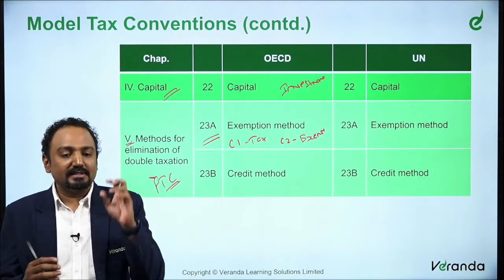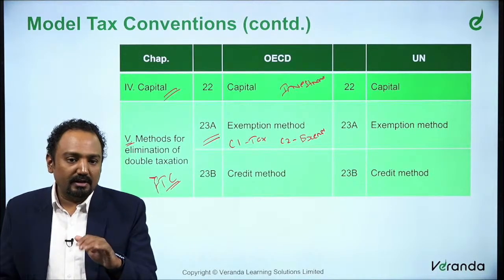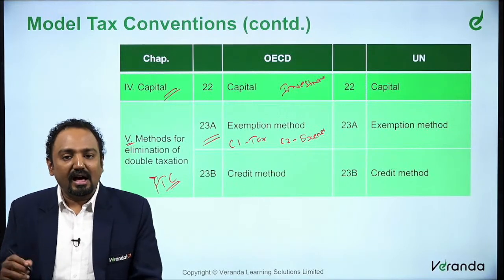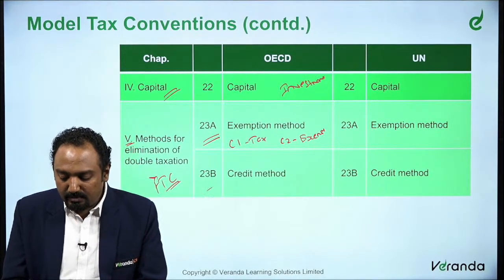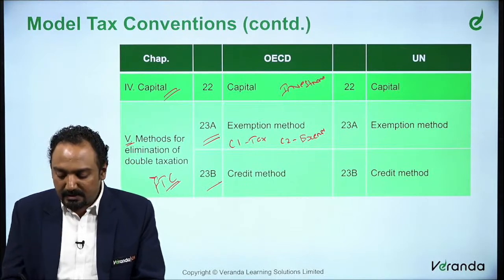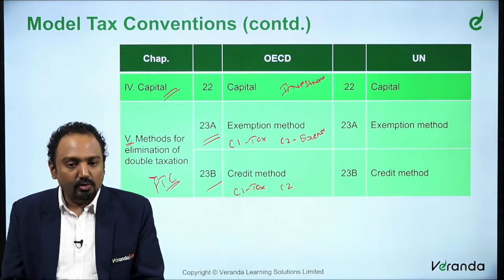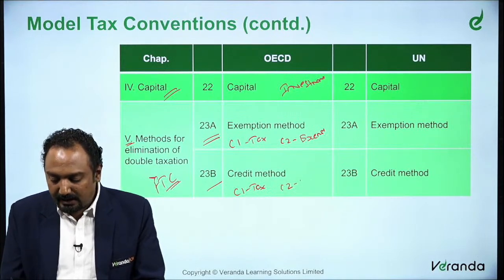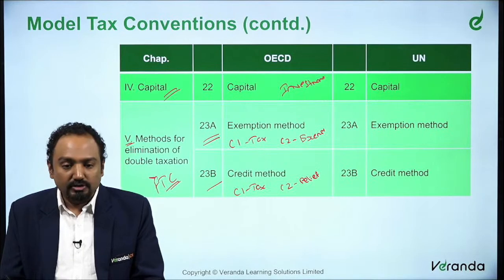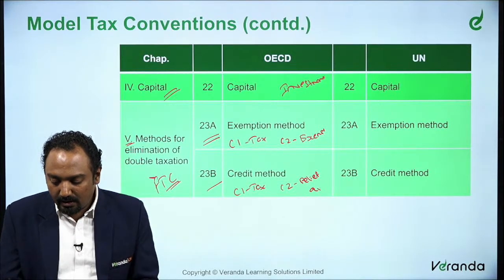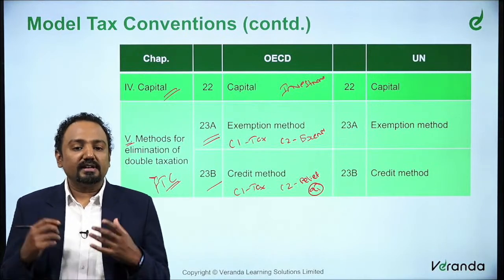Is there an exemption method for a particular income? In case it is there, how is it provided? That is what is discussed in article 23A. 23B is about the credit method. What is the credit method? Country 1 taxes that income, country 2 gives relief. It gives a relief of a certain percentage. We saw in section 91 how this credit is calculated.